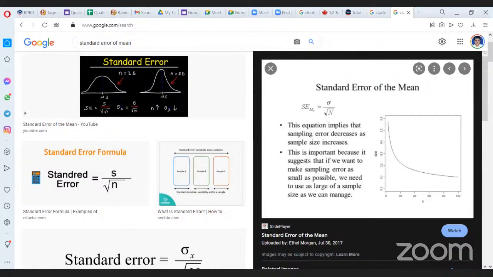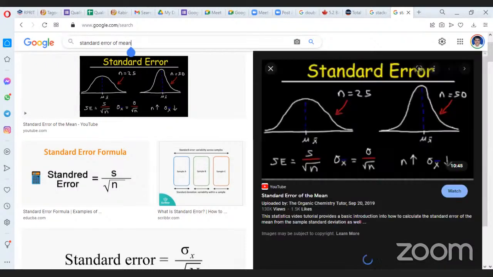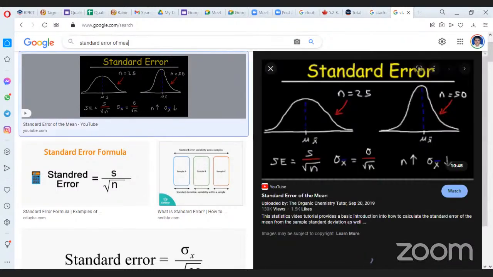Now we will learn about the confidence interval. How much confidence can we assign to the score?